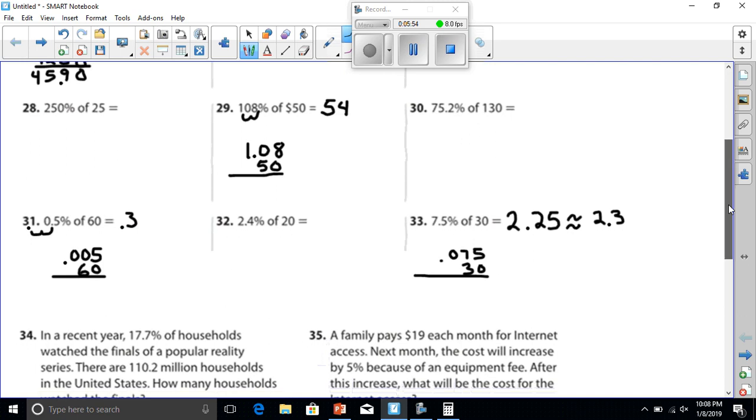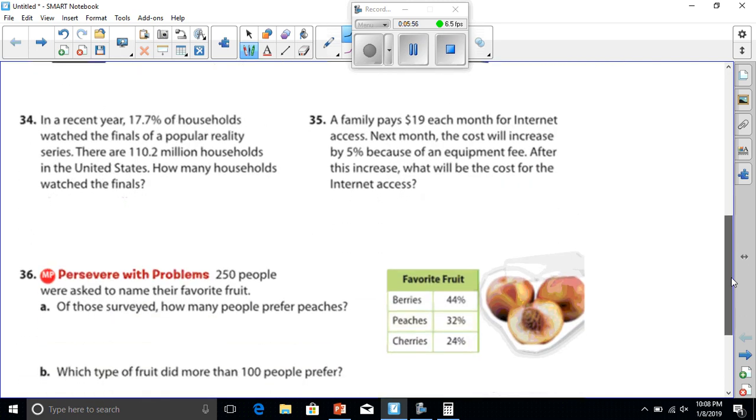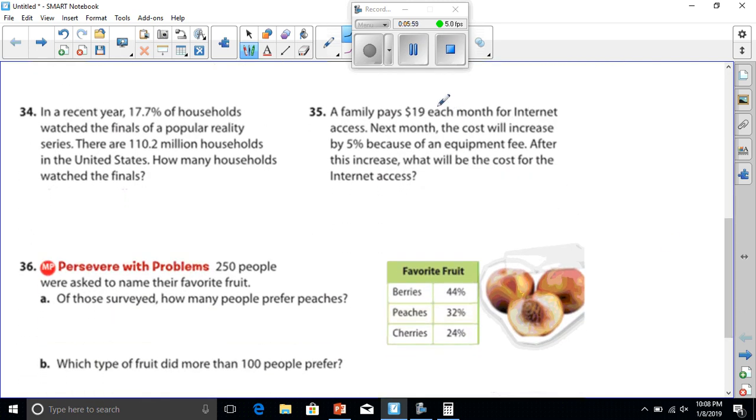All right, let's go to number 35. A family pays $19 each month for internet access. Next month, the cost will increase by 5% because of an equipment fee. After this increase, what will be the cost for the internet access? Okay, so it's going to increase by 5%.